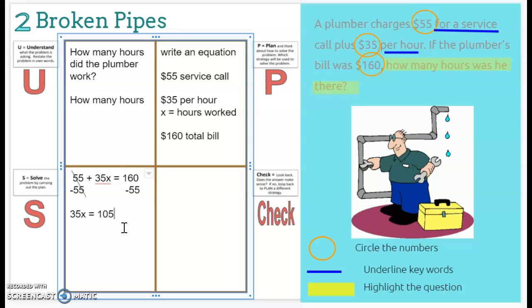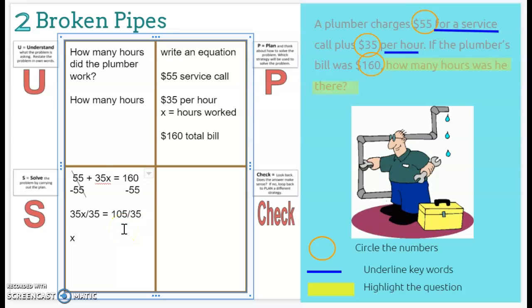Now, what I need to do is the inverse operation of multiplication. The inverse operation of multiplication would be division. So I'm going to divide each side by 35 because I'm multiplying my variable by 35. So I need to divide it by 35 to isolate that variable and get rid of that number.